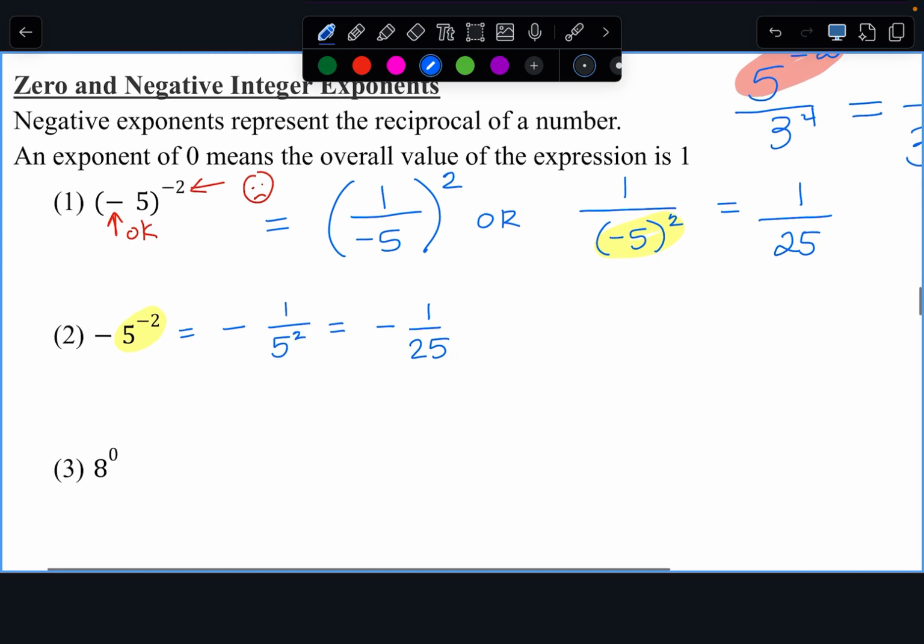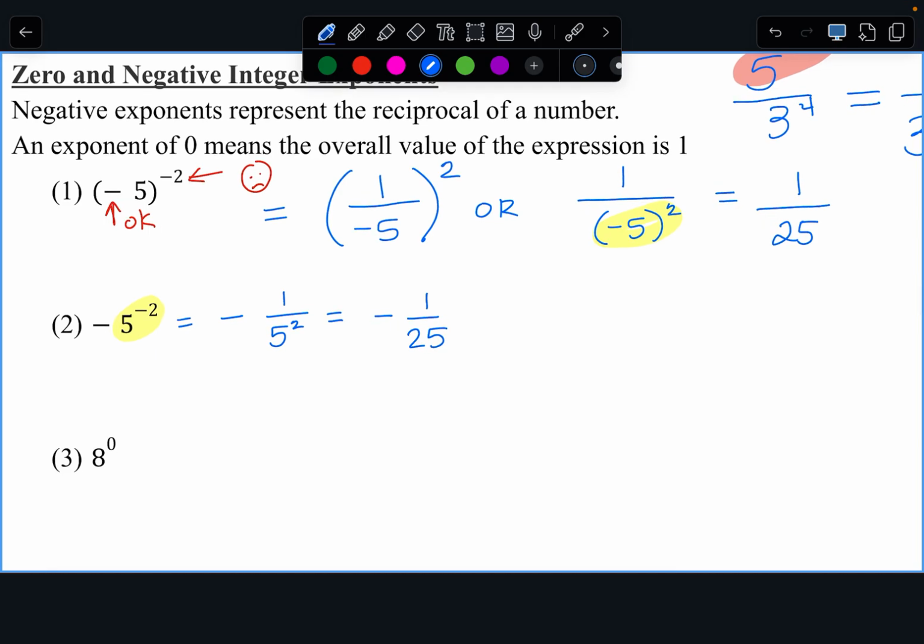0 as an exponent is kind of weird. It's saying you have 0 groups of things, but you're still going to have something. You're going to have 1. Anything to the 0 power equals 1. Reasoning. If I have 8 to the 5th over 8 to the 5th, you can subtract those exponents when they're on different levels.